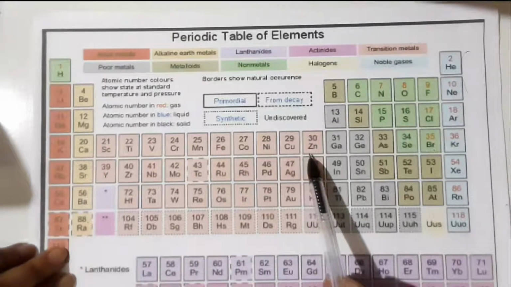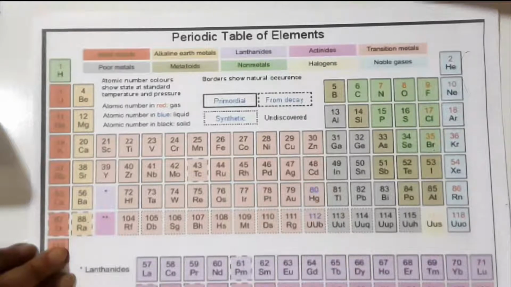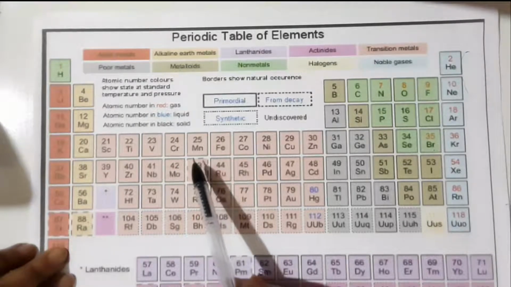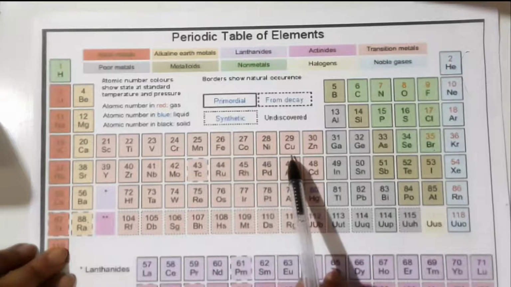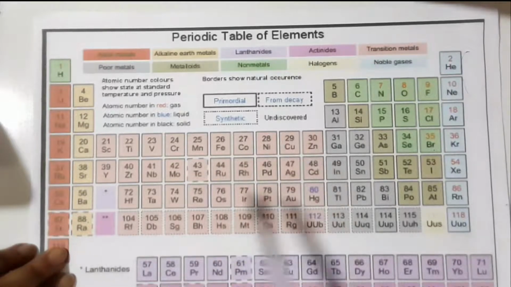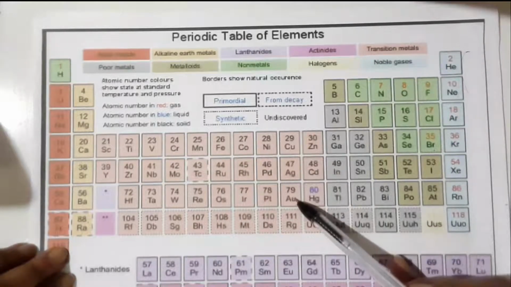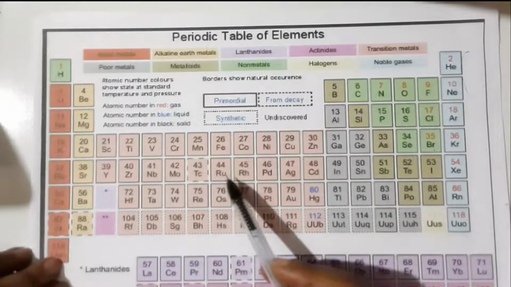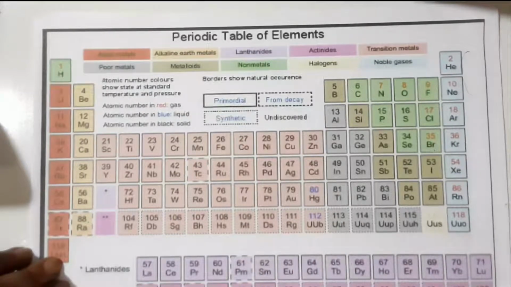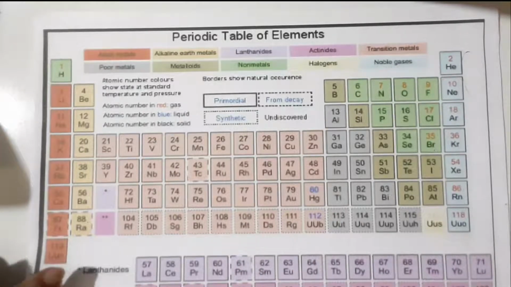These transition elements have more tendency to show variable valencies. Elements like manganese, iron, cobalt, nickel, copper, zinc, silver, gold also show variable valencies. Those elements which show more than one valency are said to have variable valencies.